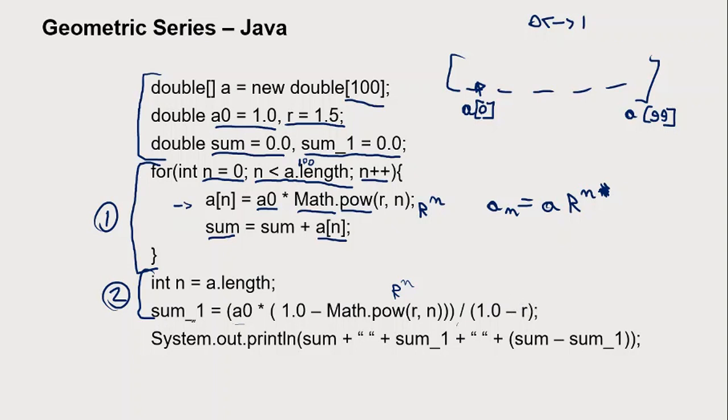So that calculates sum 1, and at the end, once again, we print the sum, we print sum 1, and the difference between sum and sum 1. If everything went well, then the difference between the two should be 0. Whether you use iterations, actually calculate all the values and then add them up, or whether you use the formula, you still are going to get the same end product. The end result will be the same.